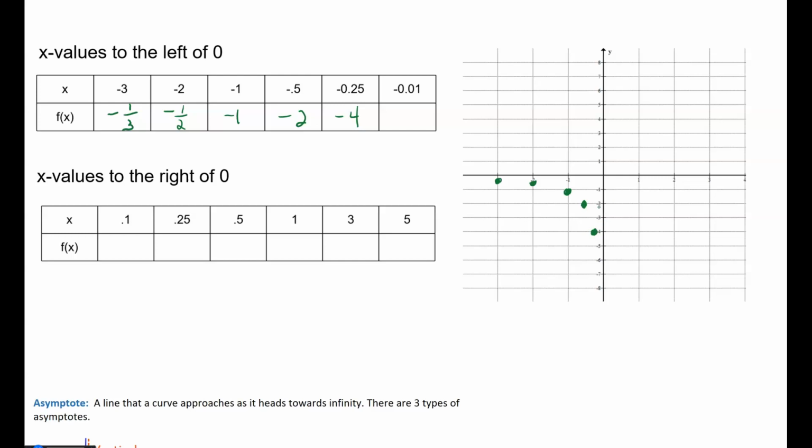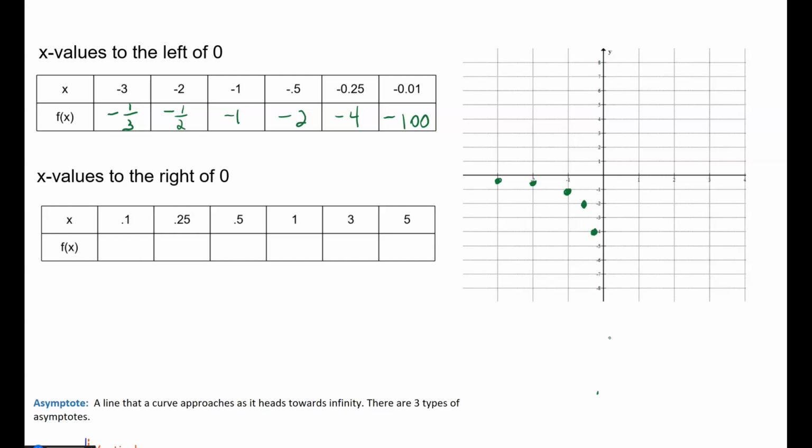And so the next value I have is -0.01, basically -1/100th. Okay, so I'm getting really, really close to 0 at this point. And when I do 1 divided by this, I end up with -100, which is not even on our scale here. Okay, so telling us that our function is basically just plummeting downwards.